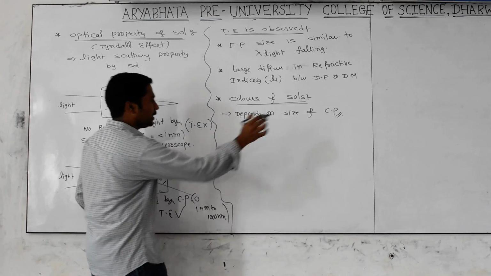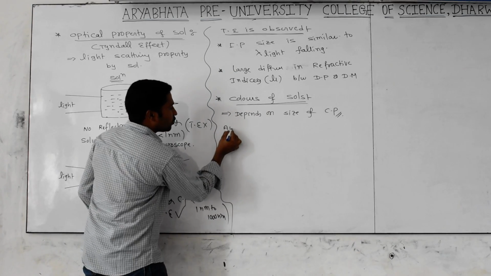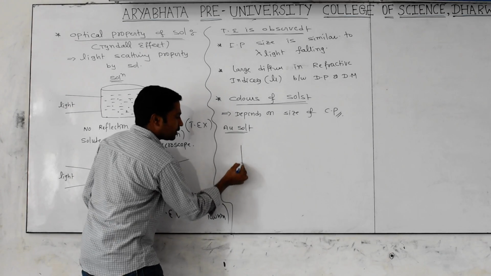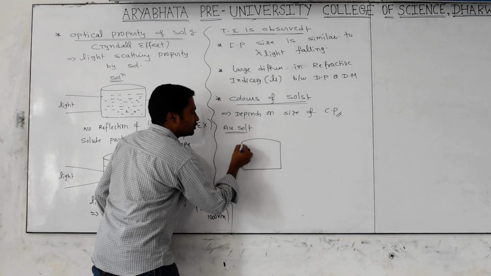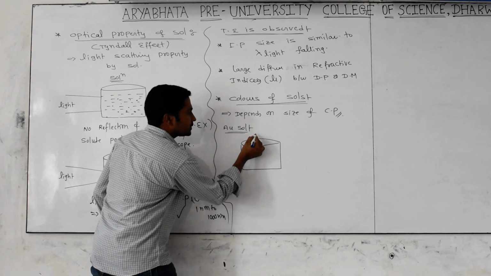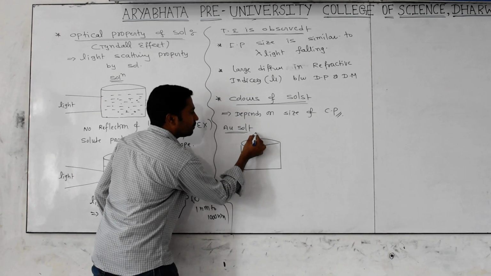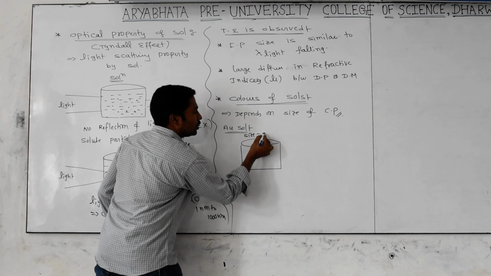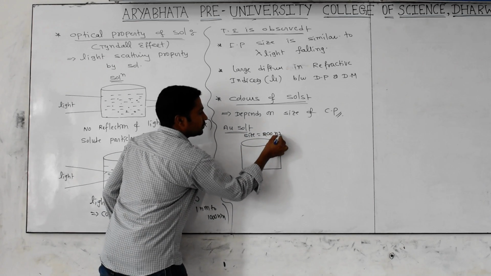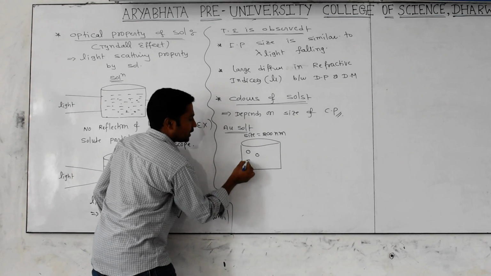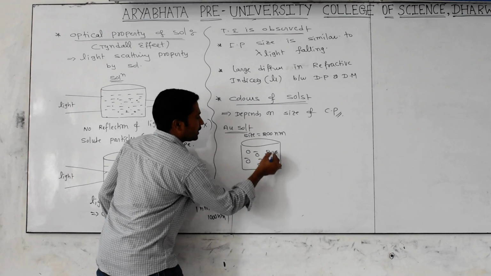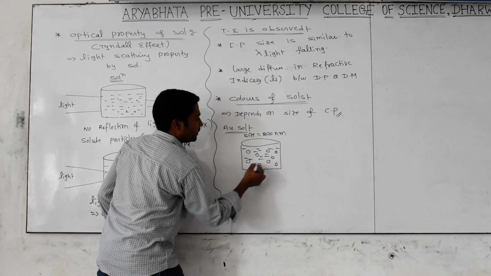Look carefully. I am explaining with a gold sol. Suppose I take a first sol in which the particle size is, for example, 200 nanometers. These are gold colloidal particles dispersed in a dispersion medium.